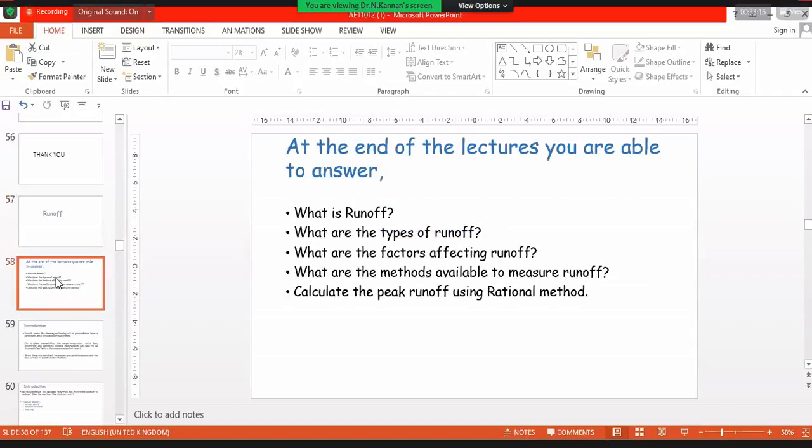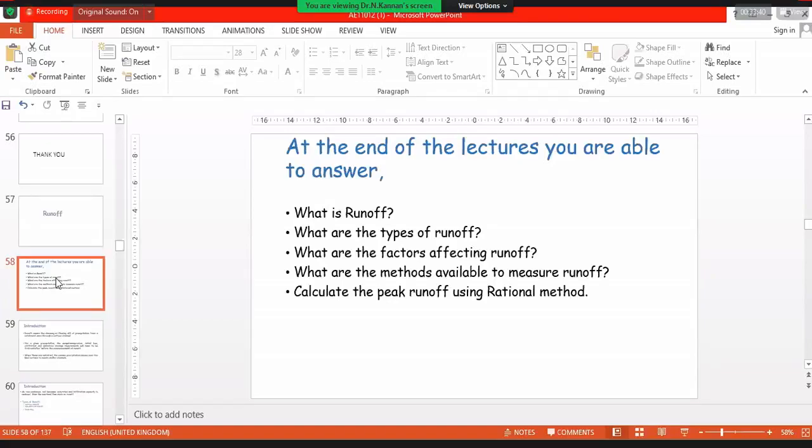Here, we are going to discuss certain key processes related to runoff. First, we will define it. We have already done that. Then we will talk about types. Then we will talk about factors that influence the runoff process. Then we will talk about measurements of runoff.